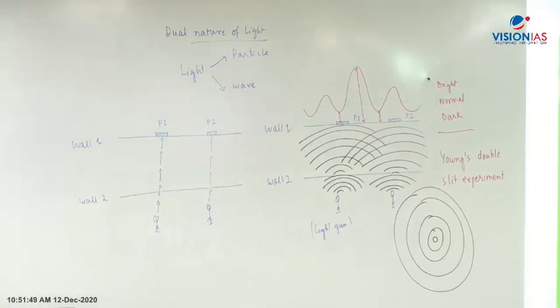So please write: wave nature of light. Then we'll go for particle nature, right? Young, in his double slit experiment, deduced the wave nature of light. Right.